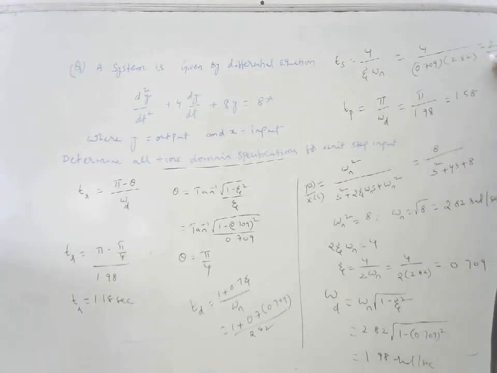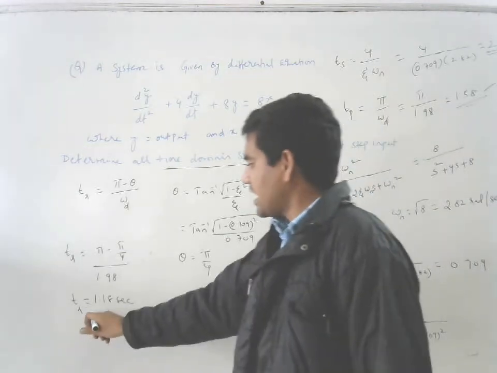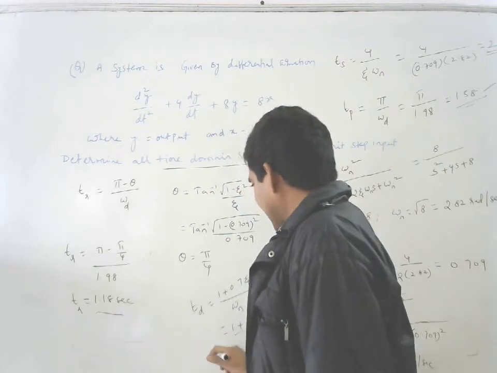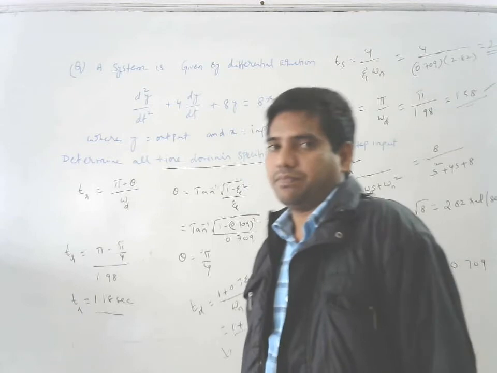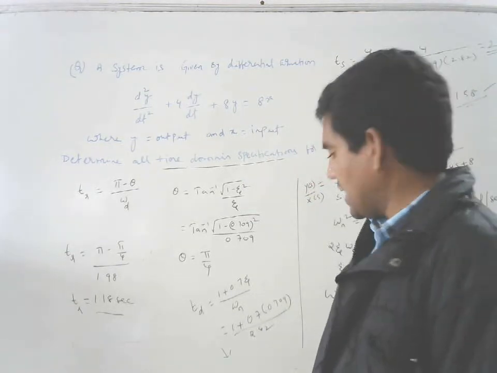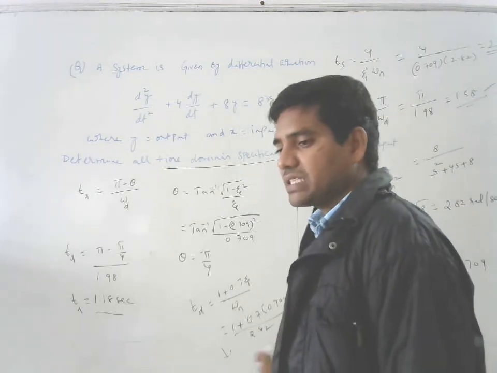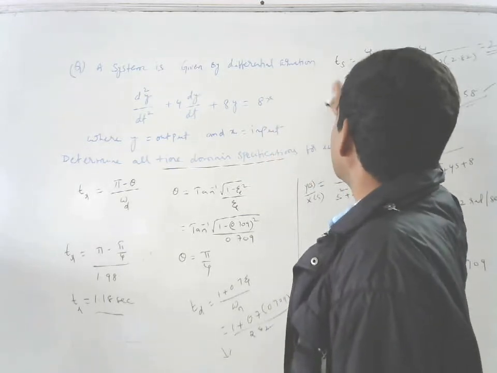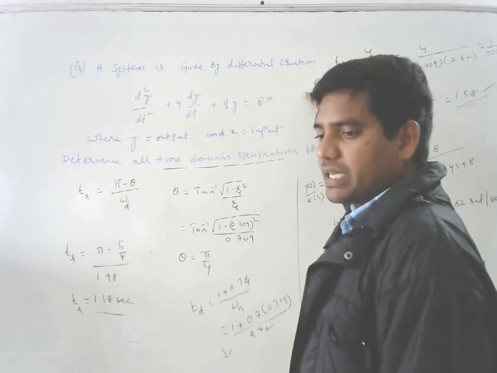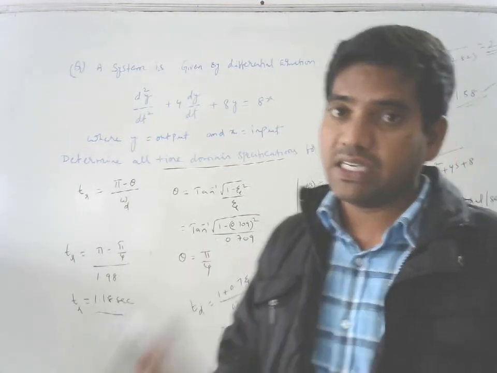Because settling time, the time taken to reach its final value, is 2 seconds. Peak time is 1.58 and rise time is 1.18. The delay time will be less than the rise time. Td is less than Tr, Tr is less than Tp, and Tp is less than Ts. That means the final value is Ts.